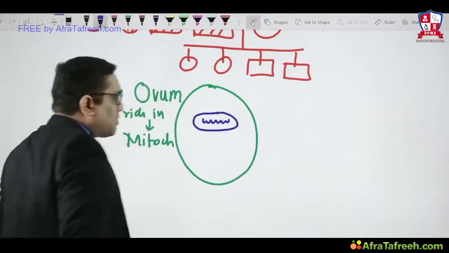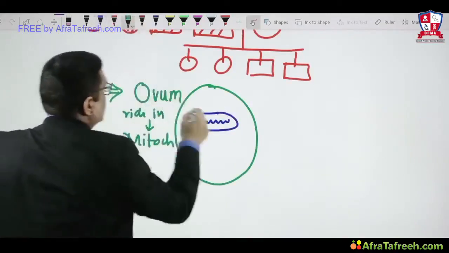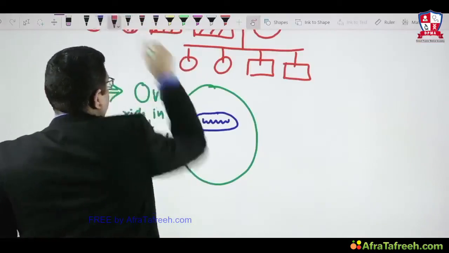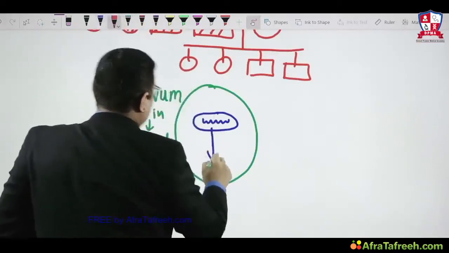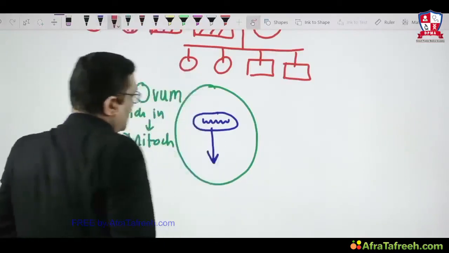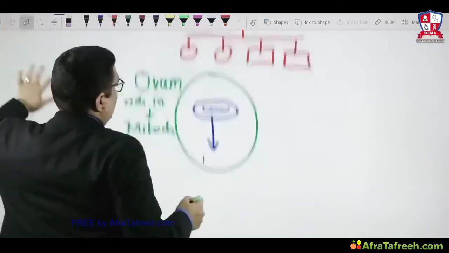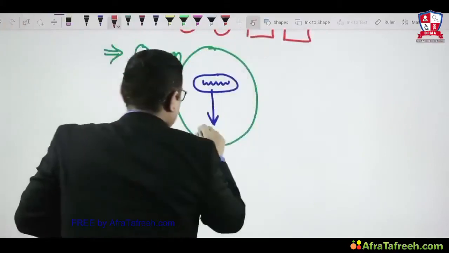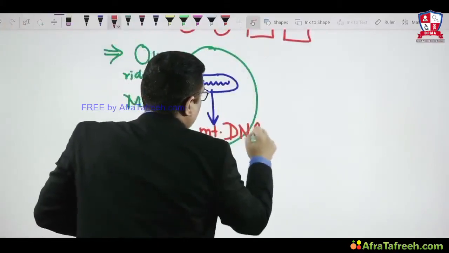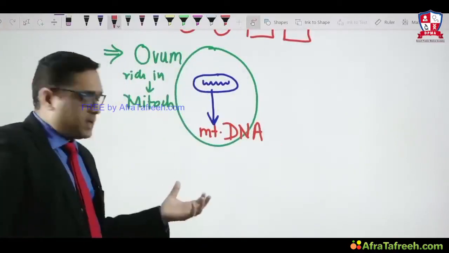And in these mitochondria of the ovum, there will be mitochondrial DNA, right? So the ovum is having mitochondrial DNA.